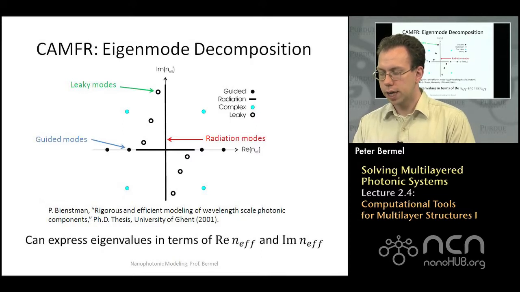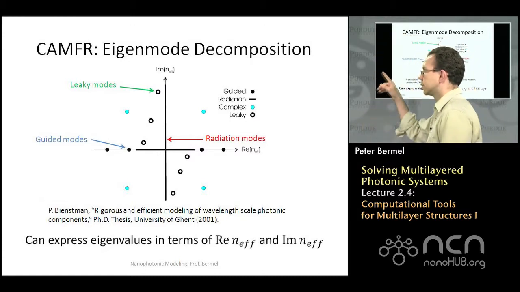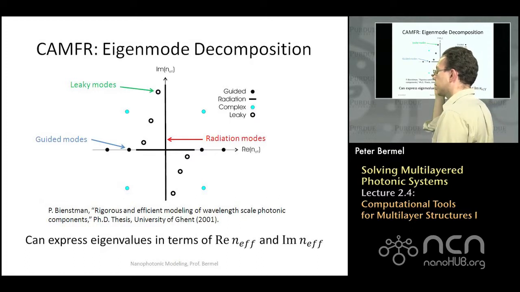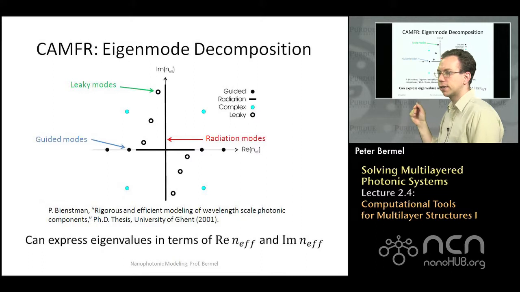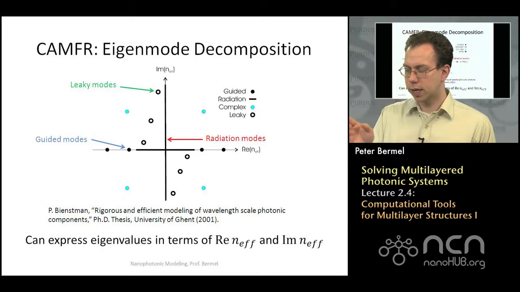And the first type would be called a guided mode. The guided modes are shown on this left-hand side region of this complex space for the refractive index of the medium. So when we have a negative effective refractive index for the medium, and then we have 0 imaginary component, that means that it's lossless.